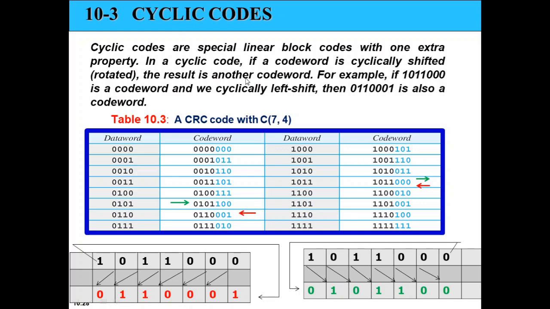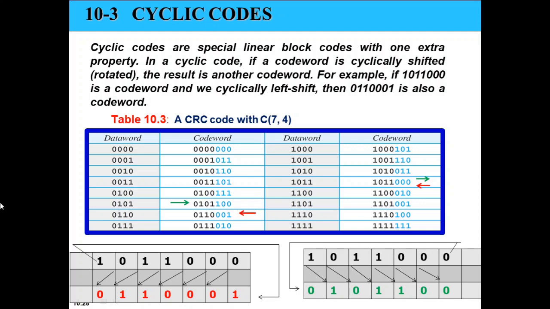A cyclic code follows all the properties of a linear block code, plus it has one more extra property. If you cyclically rotate your code word, the resulting word must belong to the valid code words.